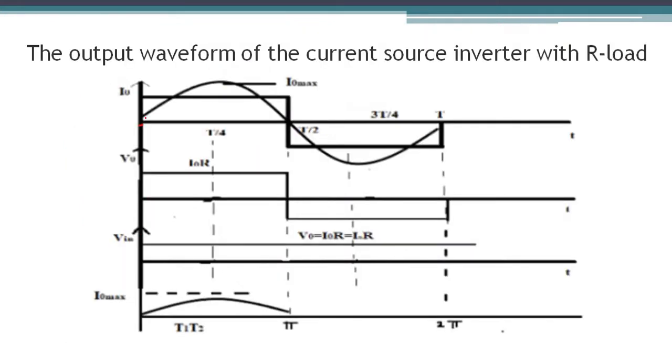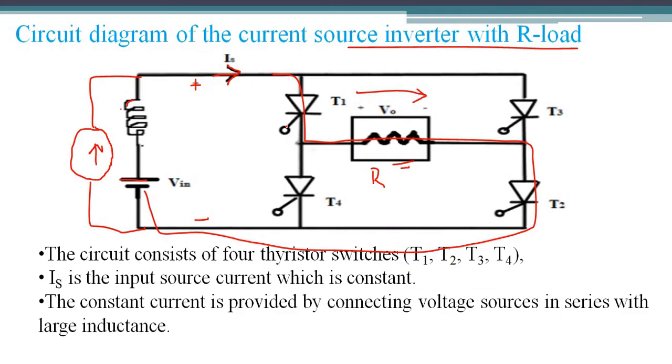You can see the waveform, and this is your output voltage from 0 to pi by 2, plus to minus. So I0 is equal to Is.